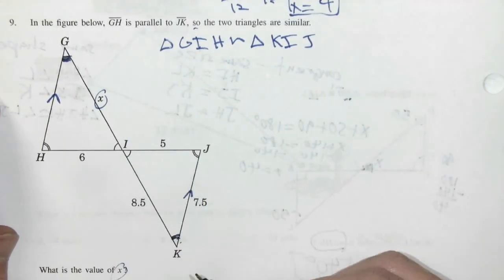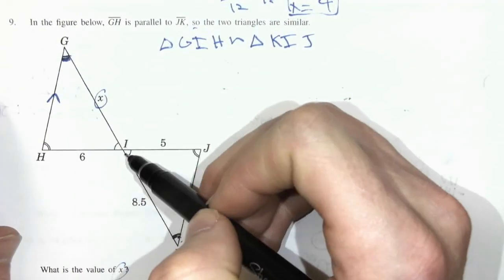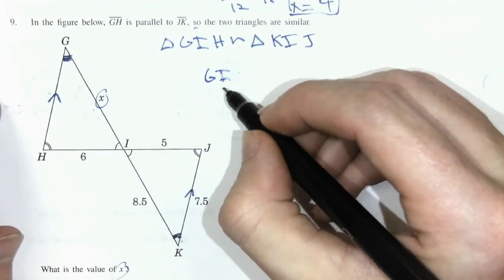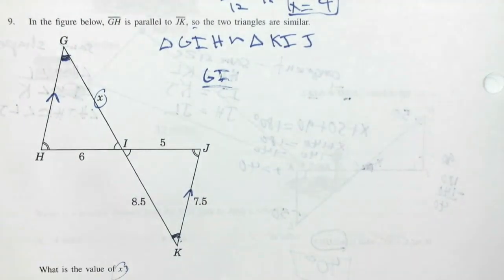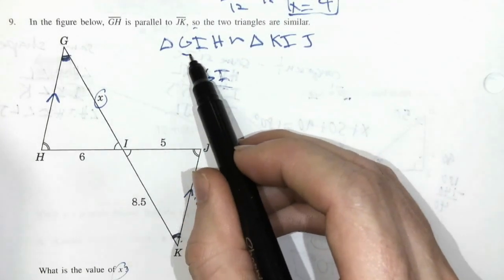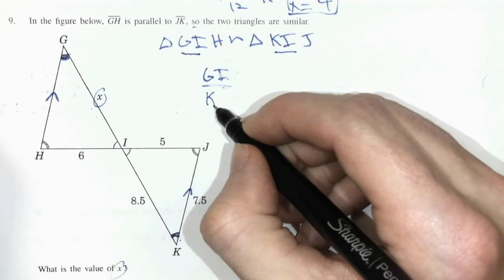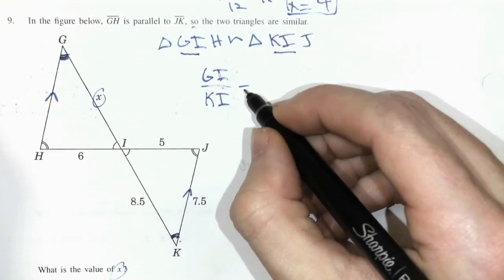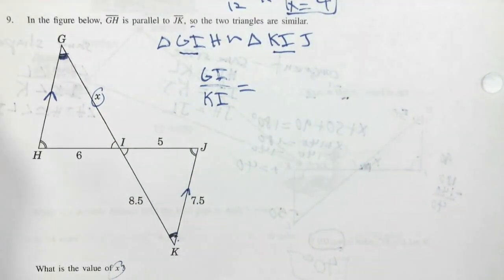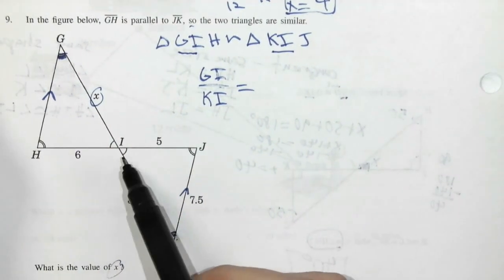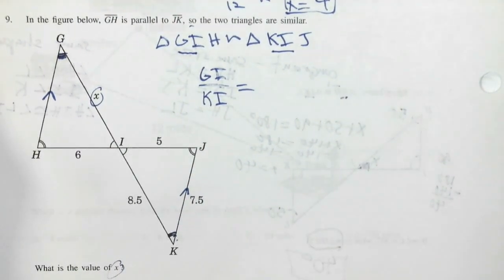Now I can set up a proportion. I know I'm looking for GI, so I'm going to go ahead and write GI. What side corresponds to GI? GI is the first 2 letters here, KI is the first 2 letters there, so GI over KI will be equal to, do I want to use GH and JK, or do I want to use HI and IJ?